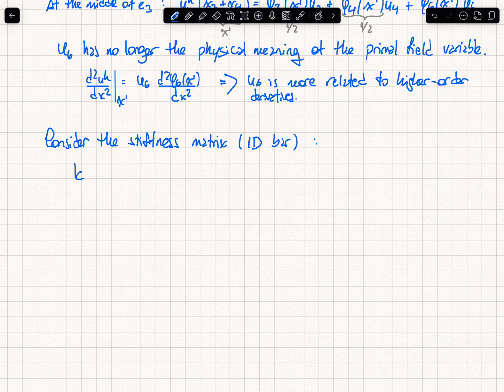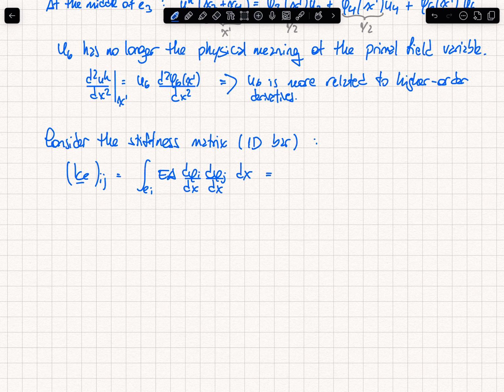So the ij component of my stiffness matrix is going to be EA times d phi I dx times d phi j dx. Notice the derivatives with respect to global coordinates, right?